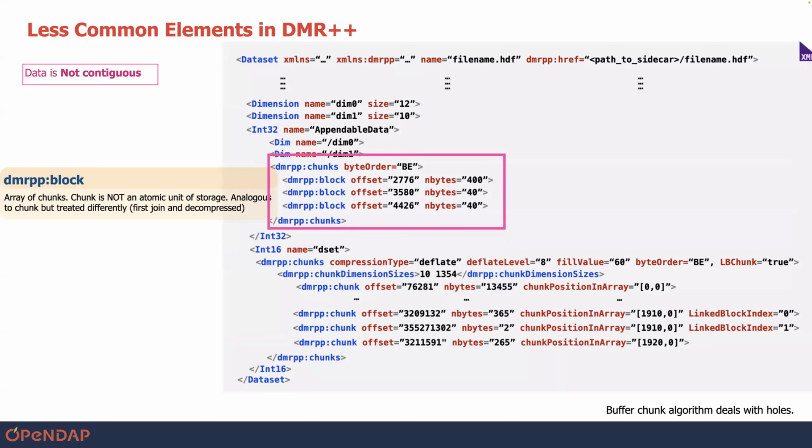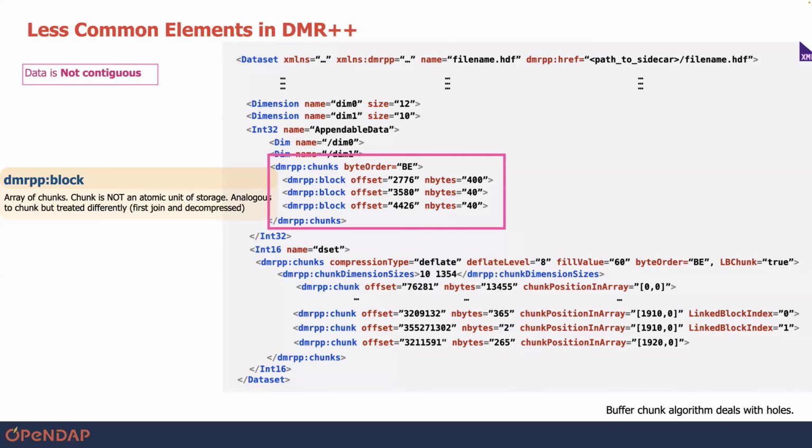Here's some more or less common stuff. Here's what a DMR++ block looks like. This is an HDF4 file, and it's a two-dimensional variable. Notice, for example, that inside the pink rectangle, byte order is BE, big endian.